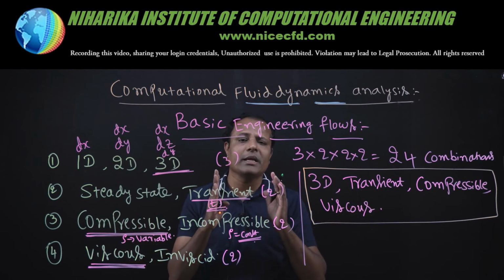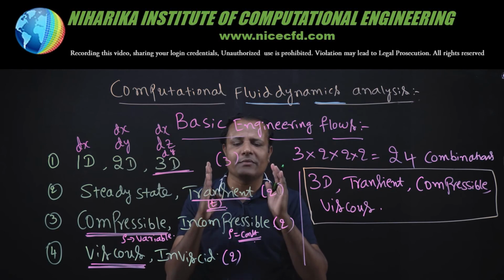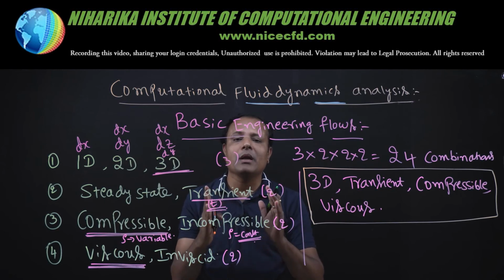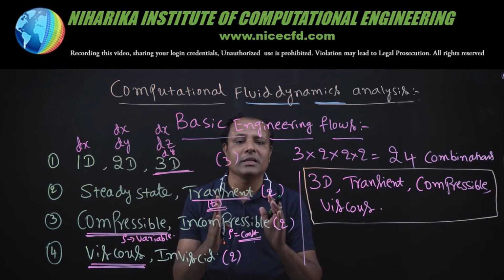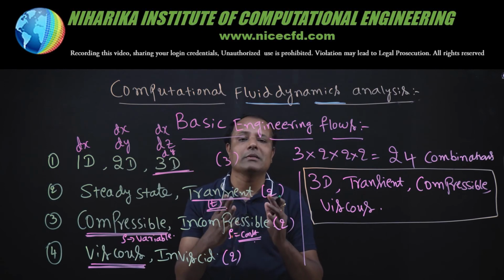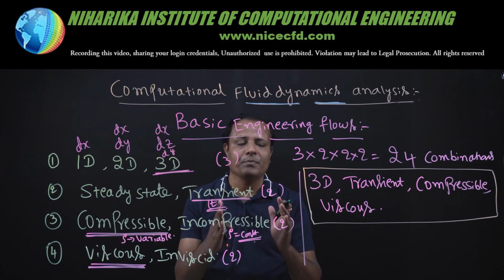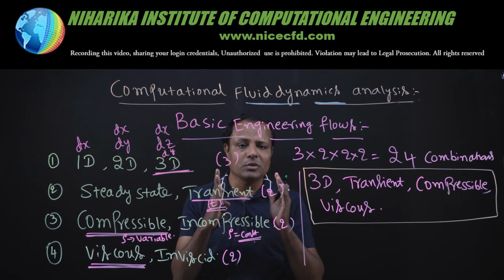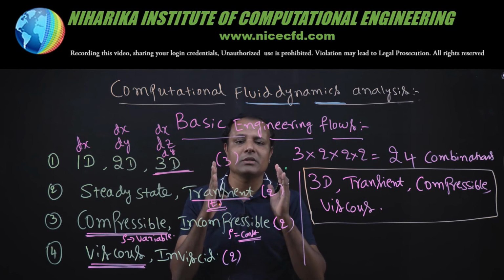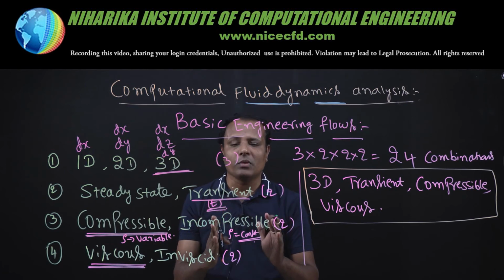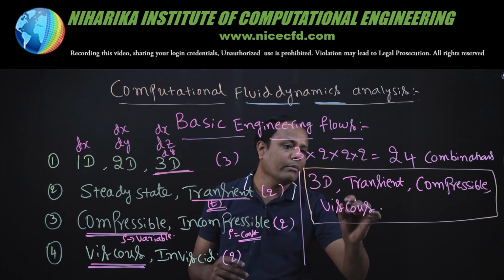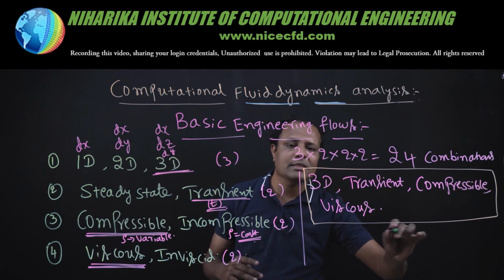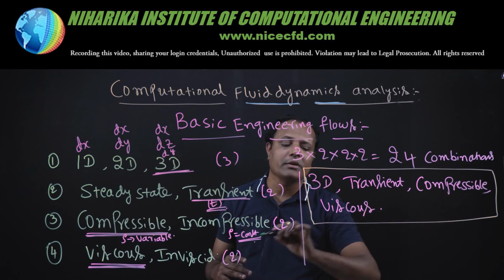Whenever we use the term Navier-Stokes equation in CFD, it is for laminar flows only. For turbulent flows, we use other terms like Reynolds averaged Navier-Stokes equation, also called turbulent Navier-Stokes equation. Always remember, whenever we say Navier-Stokes equation, it is for the laminar flow regime only. So in the next class, session 5, I am going to explain the 3D transient viscous compressible Navier-Stokes equation.